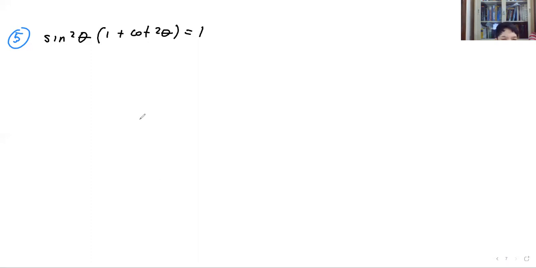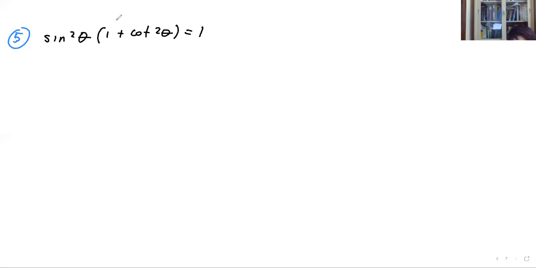This looks like a very neat identity actually. It all equals 1. Earlier we also discussed that there are Pythagorean identities, and in this case there's a perfect Pythagorean identity for this one.